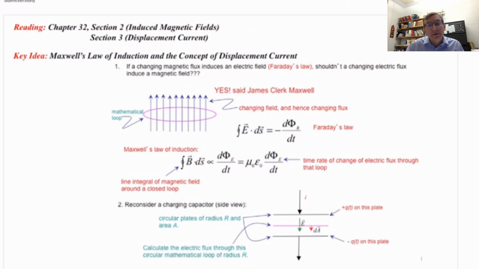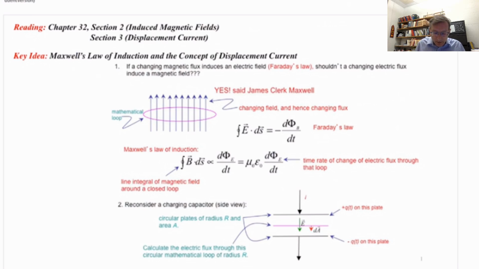So a rather loose way to say it is a changing magnetic flux induces an electric field. Around in the 1800s, somebody thought, could I turn that idea around? If I have a changing electric flux through a loop, will there be an induced magnetic field? That question turned out to be important because the answer is yes.